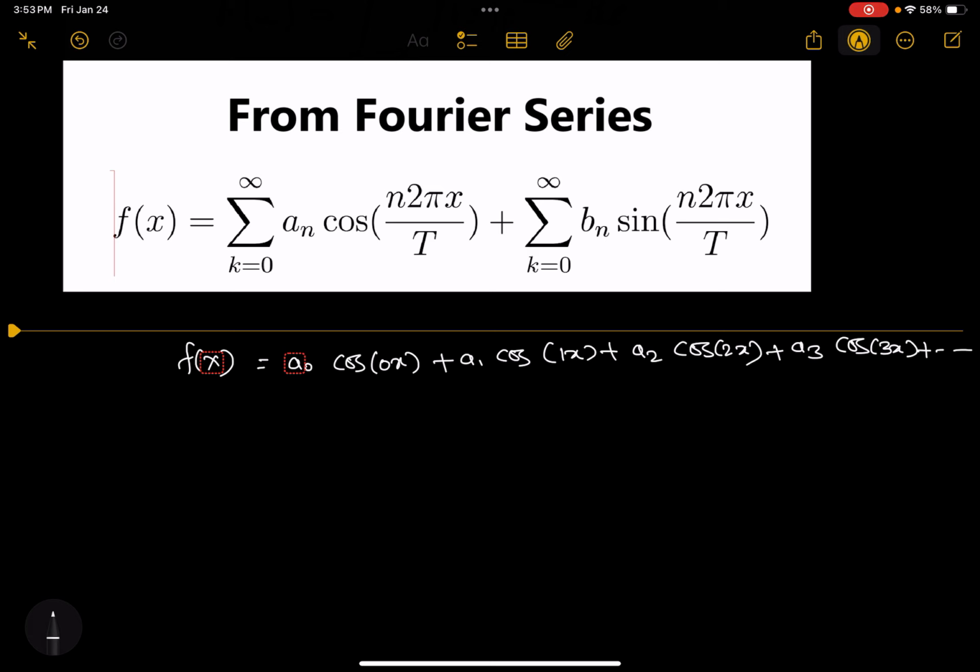Now let us try to observe some properties of this function. We know that cosine x has a period of 2 pi, cosine 2x has a period of 2 pi by 2, which is just pi, cosine 3x has a period of 2 pi by 3, the next has a period of 2 pi by 4, and so on.